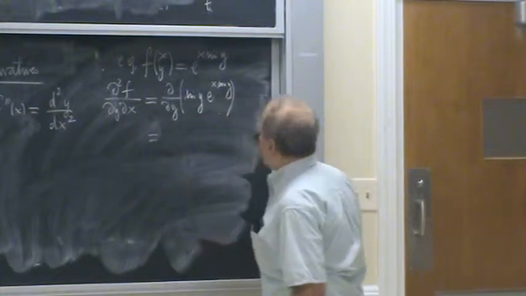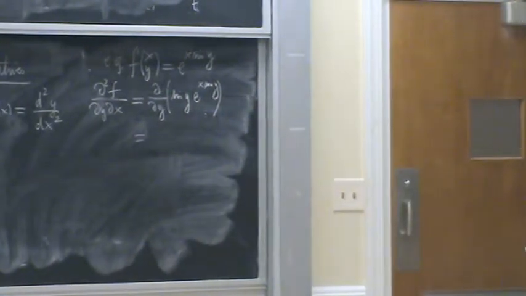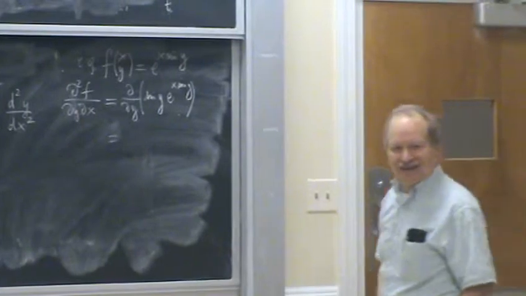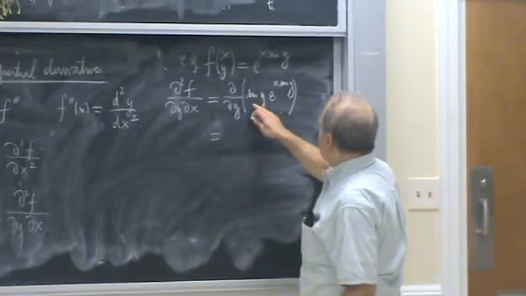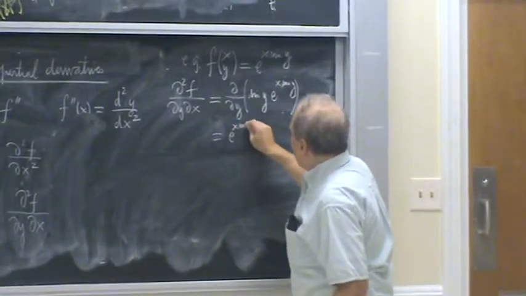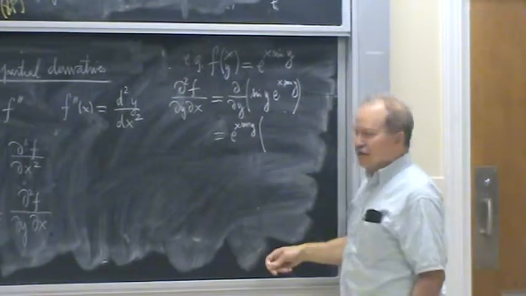Now how do I do the y partial? Product. I hate product. All right. So it's going to have e to the x sine y in both terms.